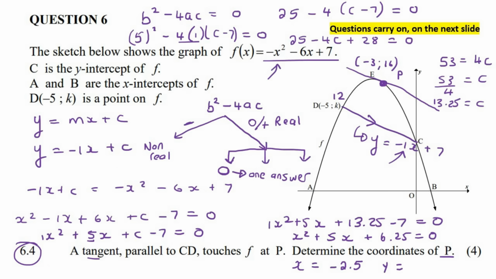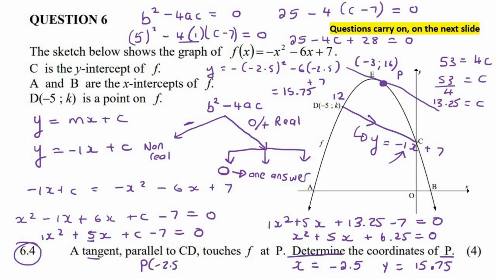So x is negative 2.5, so we can say it like that. And if we work this out, we end up with 15.75. And so that would be the coordinates of P. It would be negative 2.5 and 15.75.